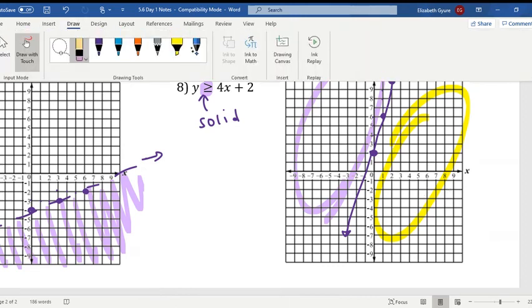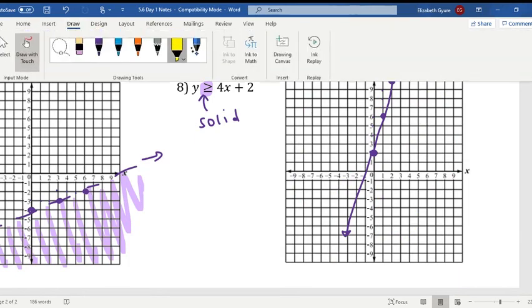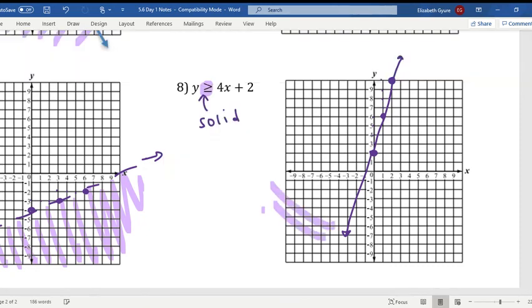So if it's greater than or equal to, Annalise, where do I shade? Yep, good. We are going to shade above. Very good. Hey, guess what, guys? That's really it.